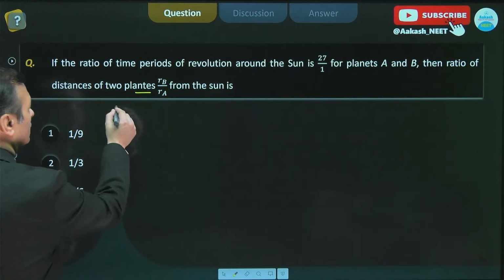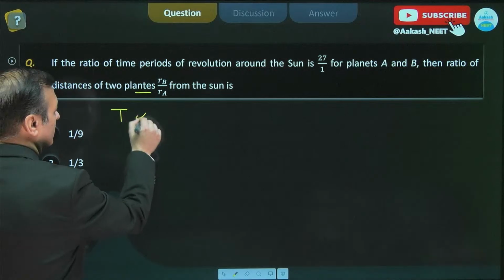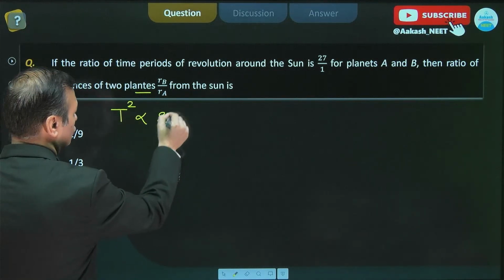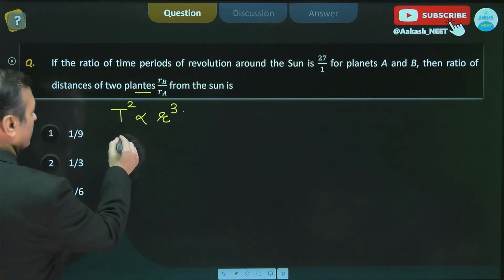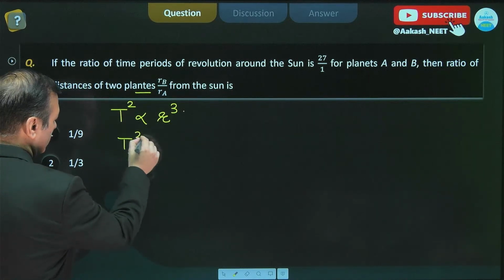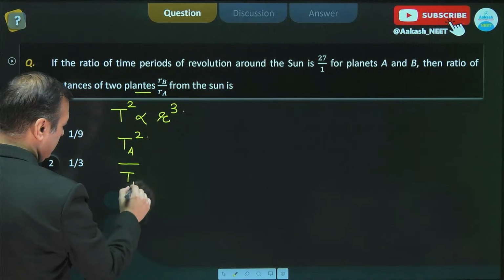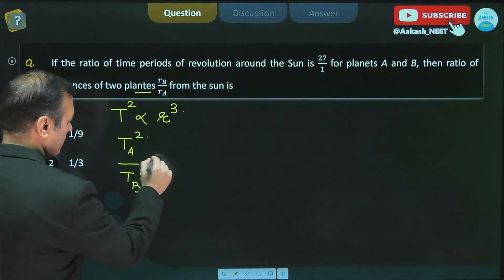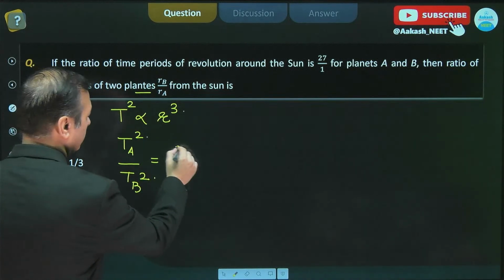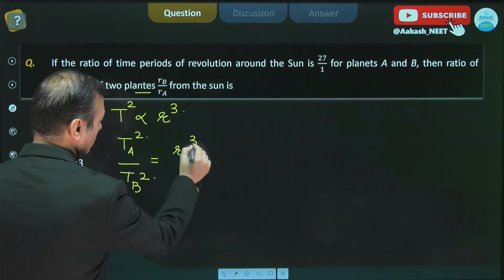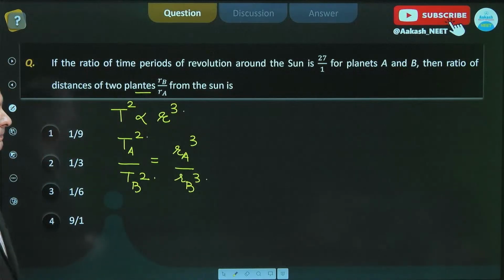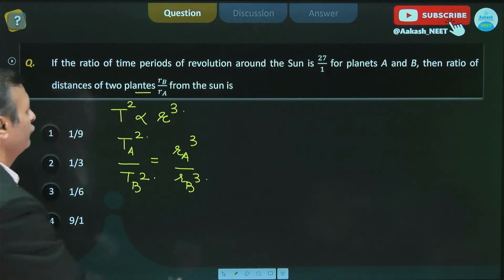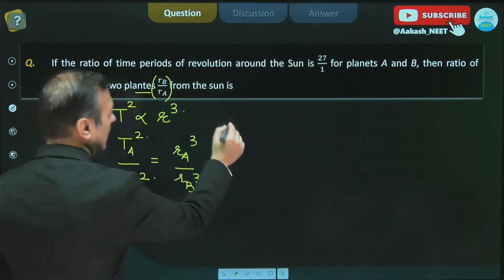Now we know T square is directly proportional to R cube. So TA square by TB square is RA cube by RB cube. And we have to find out RB by RA.